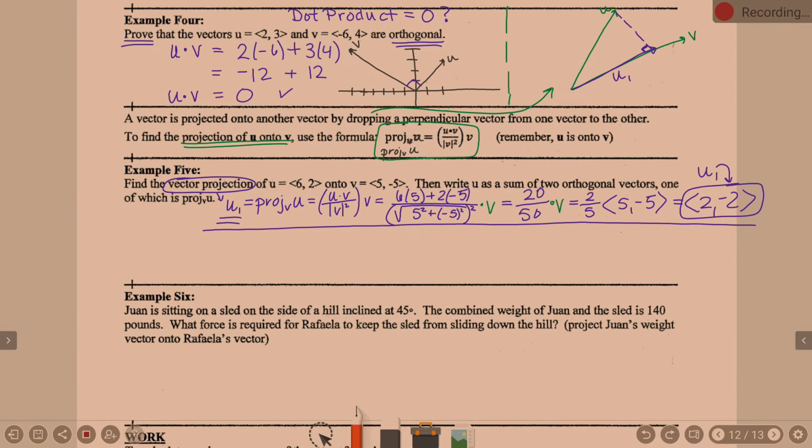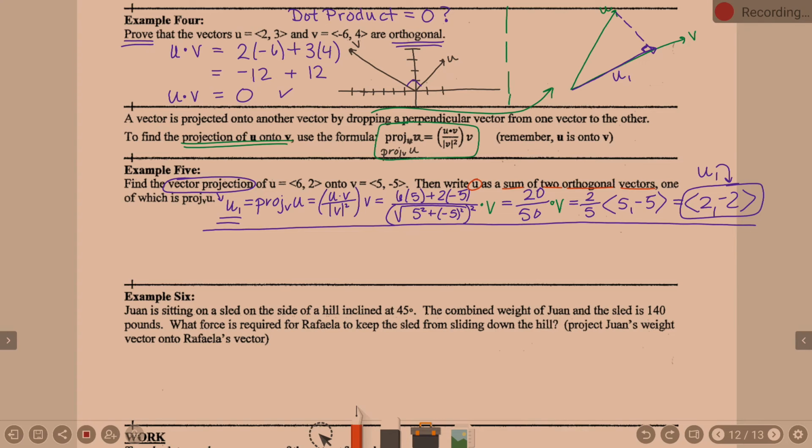What else are we asked to do? Write u as a sum of 2 orthogonal vectors. As we look at this, it's asking us to write u, which we have, as a sum of 2 orthogonal vectors.